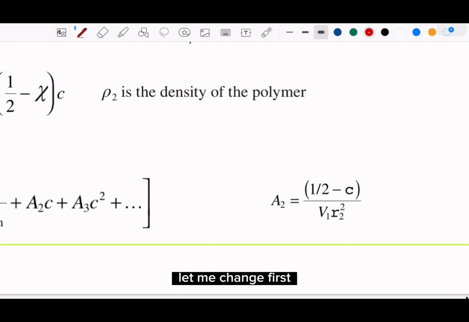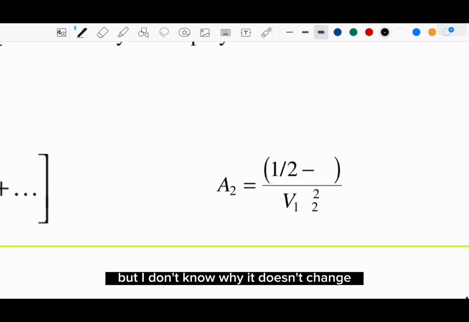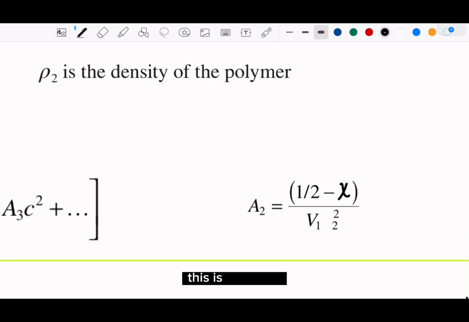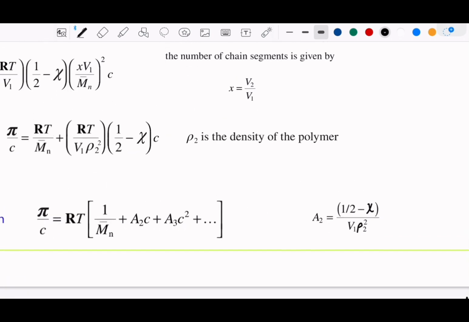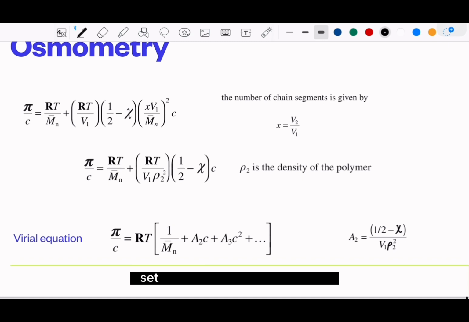This should be chi and rho. Let me change first. I forgot to change. Actually, I have changed, but I don't know why it doesn't change. So this is chi. This is rho. Okay. So set up this and make it into this, we call the virial equation.